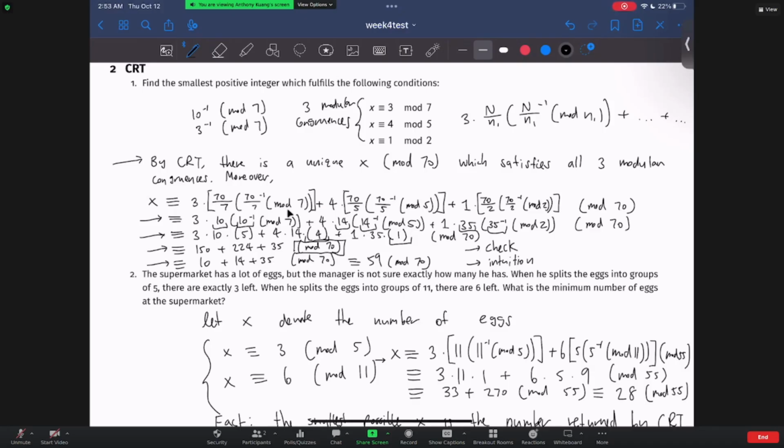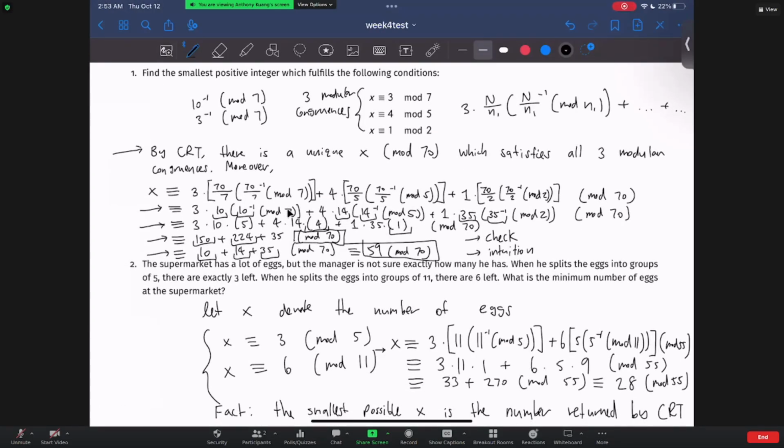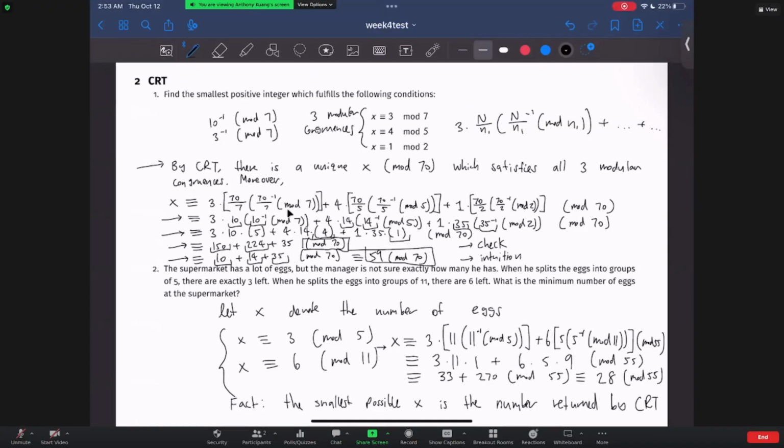And lastly, to simplify further, we can turn this 150 into 10, and in this 224, we subtract 210 in order to get 14, and 35 just stays at 35. So the final answer that we get is 59 mod 70. And you can check that 59 mod 70 does indeed satisfy these 3 modular congruences.